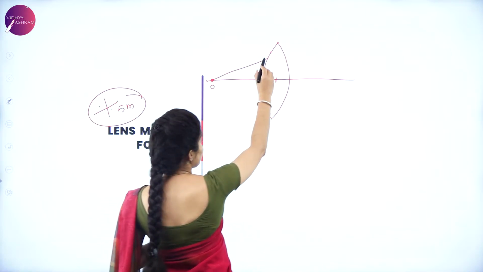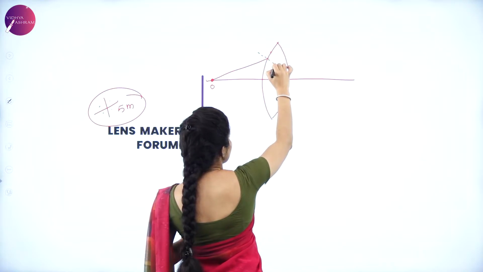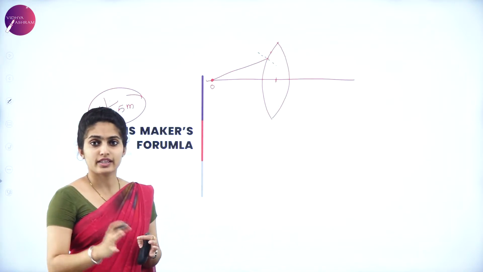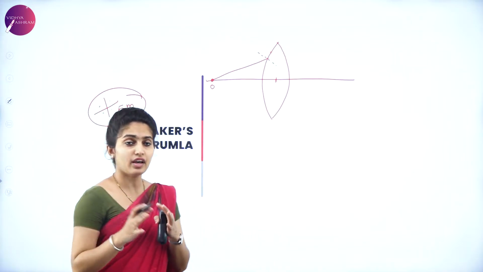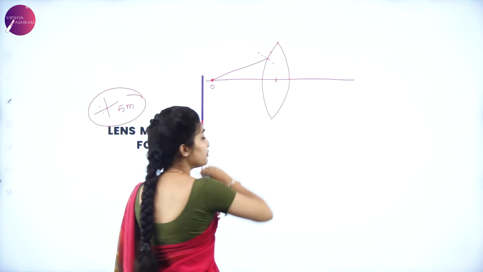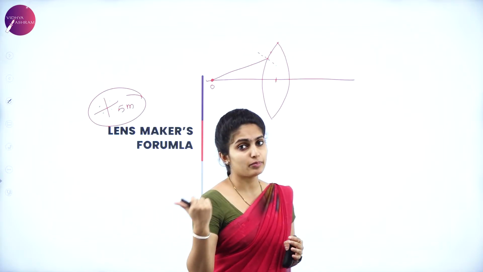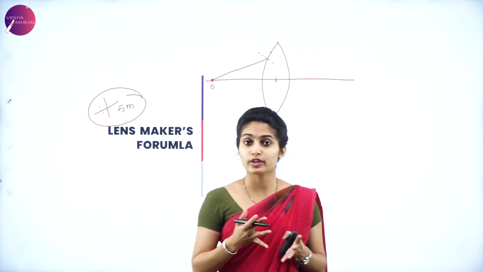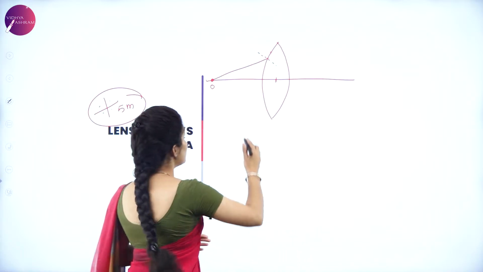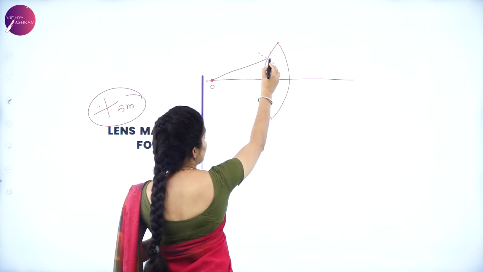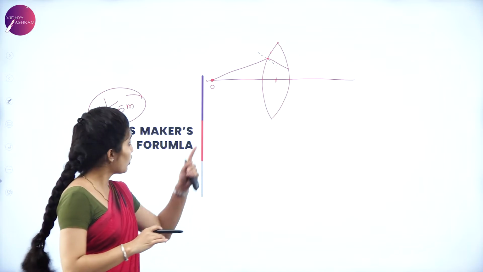Okay, this is the incident beam, and you just draw a normal to the incident ray as per the laws of refraction. Clear? And now when a beam of light passes from rarer to denser medium, what happens to the refracted ray? It bends towards the normal. So let me draw the bending towards the normal, and we have got our bending over there.